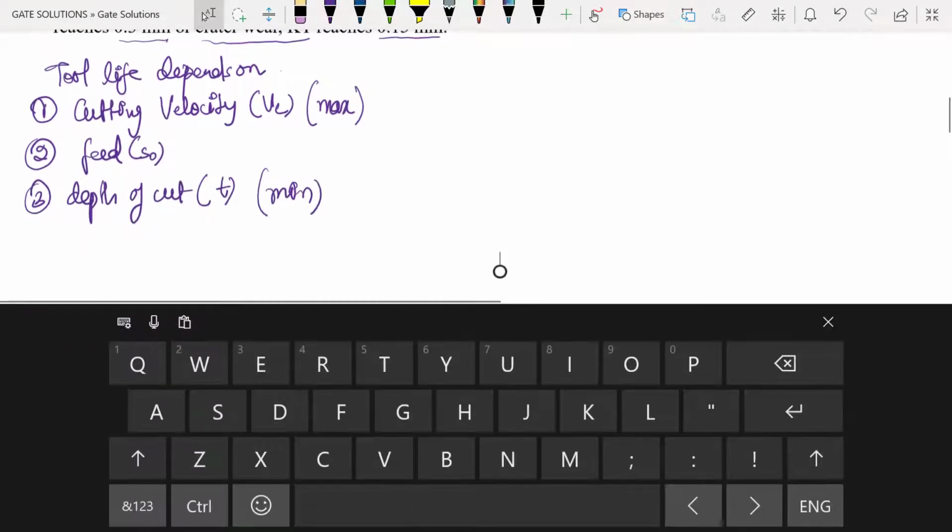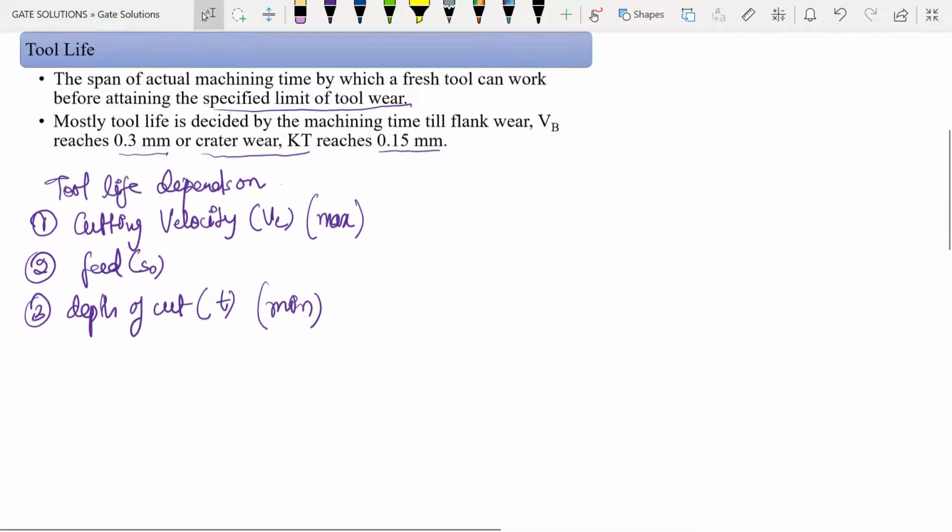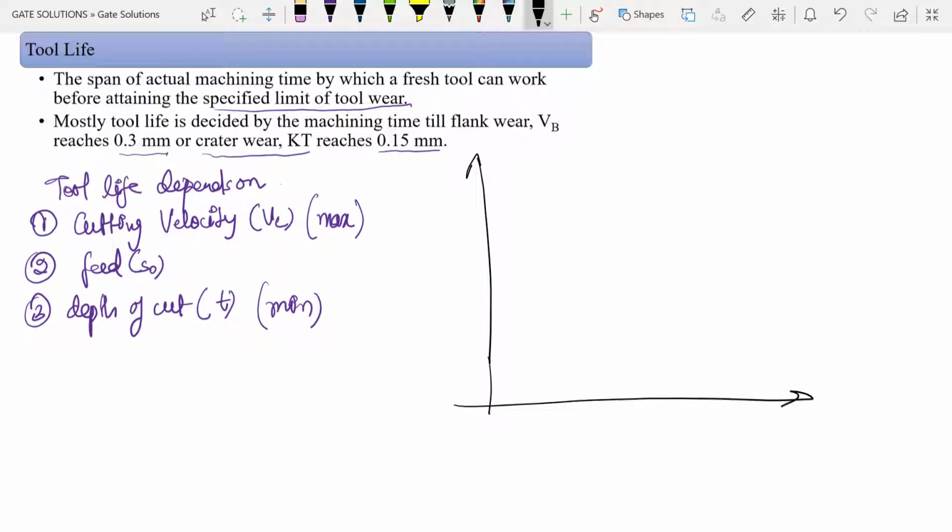The variation of the flank wear versus the machining time was plotted. This is the flank wear, which is in mm, and on the x-axis it is machining time.